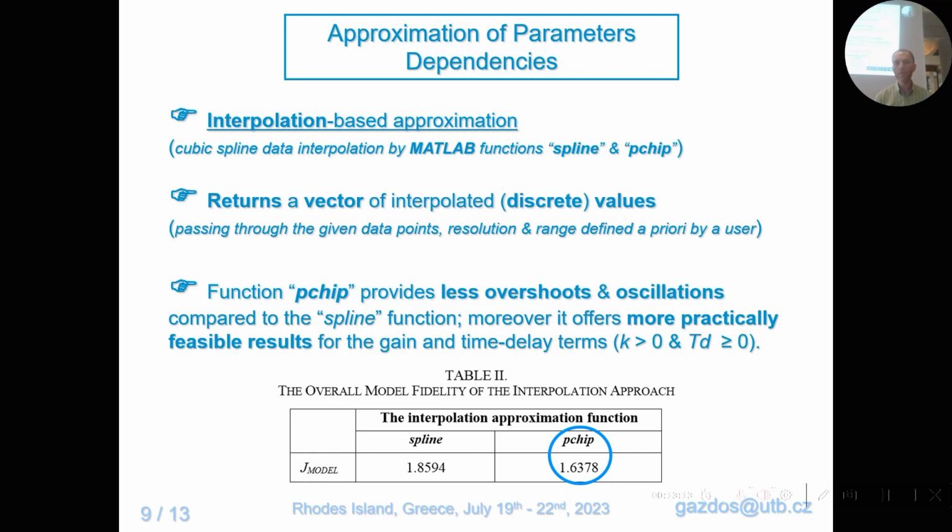And what's more, the spline function sometimes gave practically unusable results, for example negative gain and negative time delay, and the results needed to be adjusted. So comparing these two, the second function used for interpolation was better. That was the pchip function, and there are final values of the criterion for evaluation of the model fidelity.